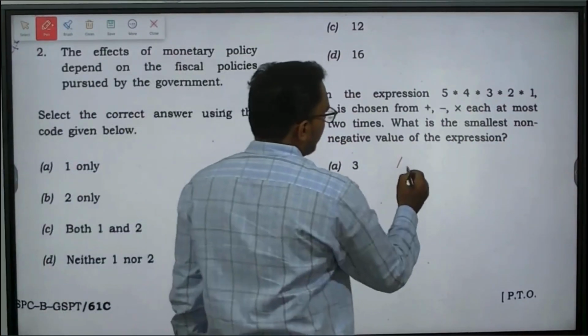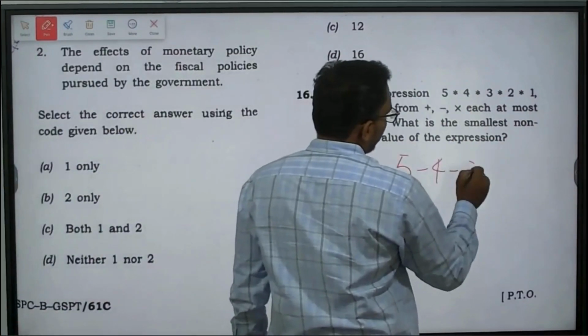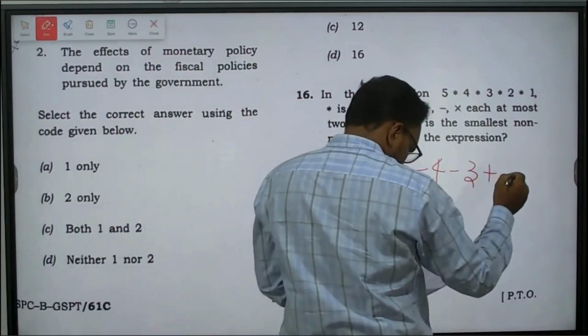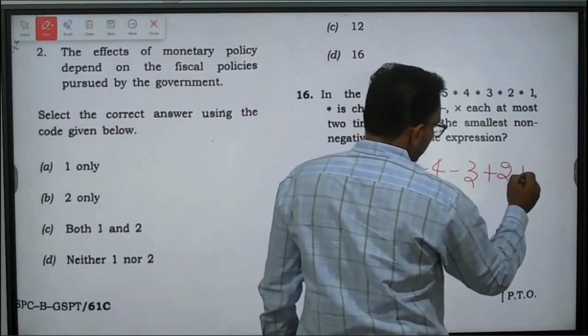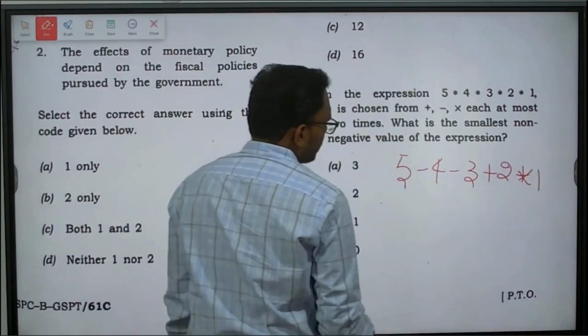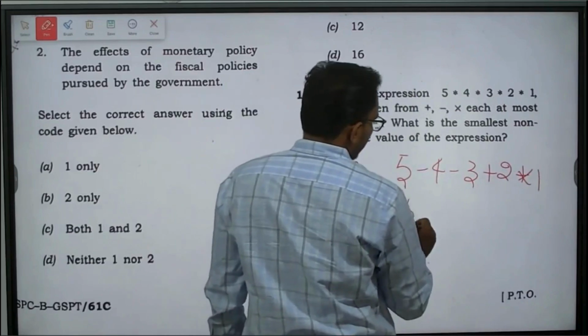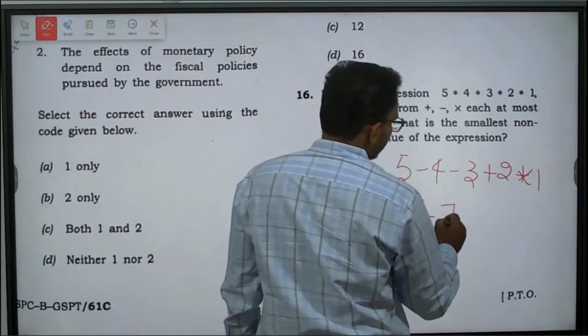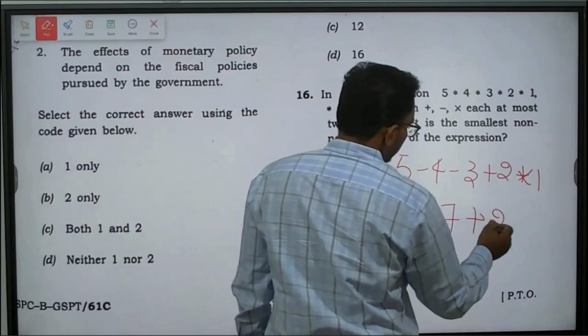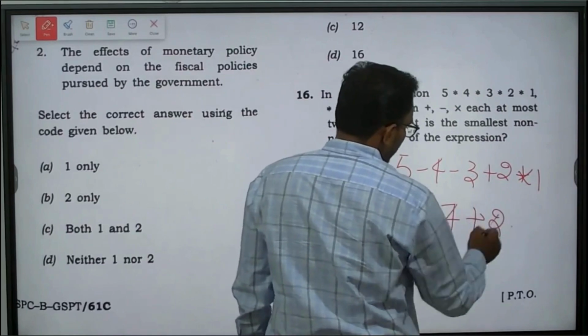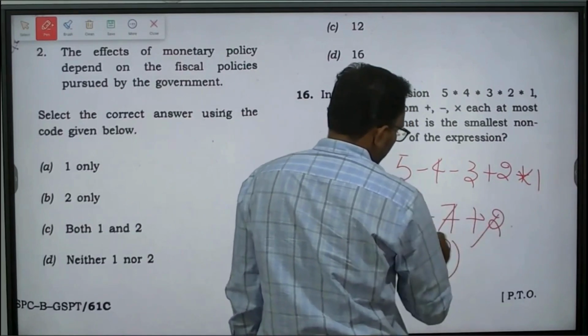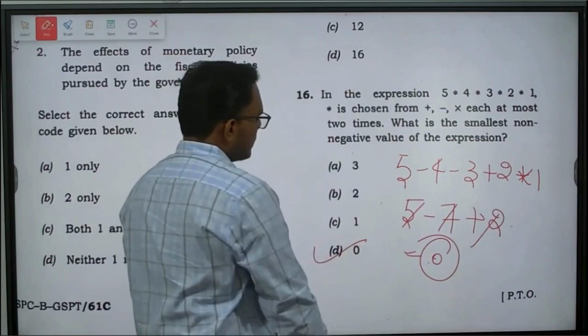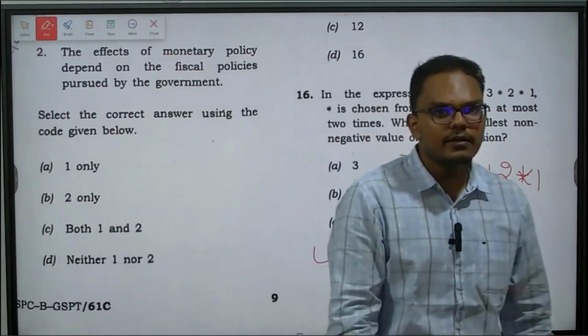Let's try this: 5 minus 4 minus 3 plus 2 star 1. So this is nothing but 5 minus 7 plus 2. 5 plus 2 is 7, so everything will get cancelled. So this answer is right. So you have to do trial and error.